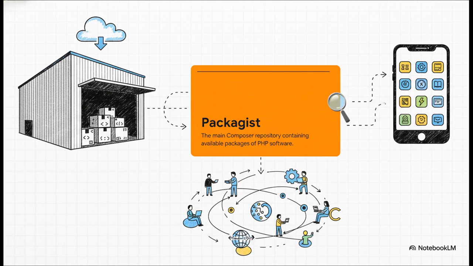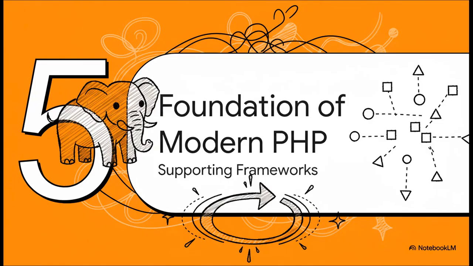Developers from all over the world publish their reusable libraries to Packagist, creating this incredible shared ecosystem of code that anyone can tap into. So you see, it's not just that Composer is a handy little tool. The really crucial point here is that it laid the foundation for a completely new way of building things in PHP. Its impact was absolutely enormous.